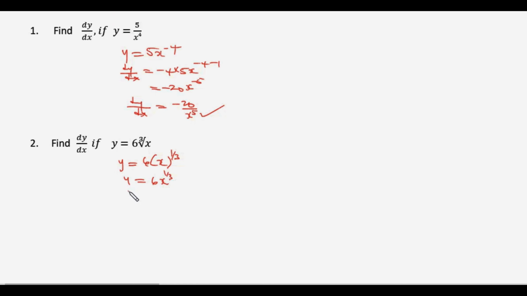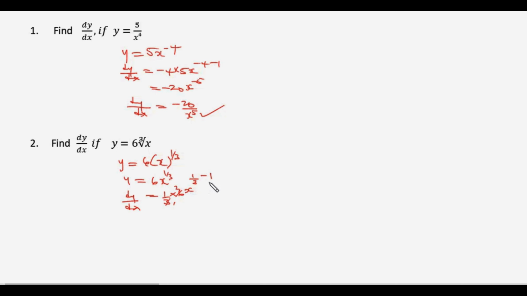Differentiating this, dy/dx is equal to 1/3, which is our n value, comes down multiplied by 6. 1/3 multiplied by 6, and then we have x, 1/3 is subtracted by the power minus 1. So we now have 3 cancels this, 3 into 6 is 2 times, so it's 2x now left.